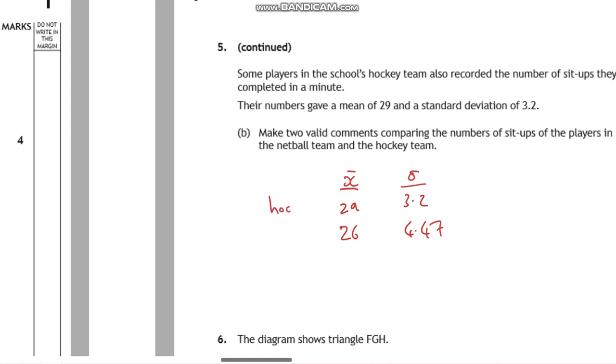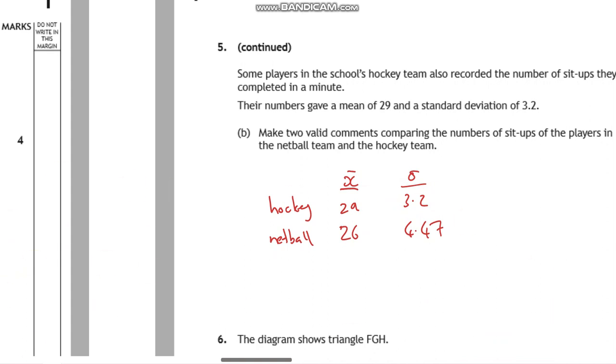That's the hockey, isn't it? Sorry. Hockey and netball. So what do you think on average, who's doing more? On average, the hockey team are doing more sit-ups in a minute. Absolutely. And for the standard deviation, who's more consistent? Well, the lower the standard deviation, the more consistent. So the hockey team are more consistent.